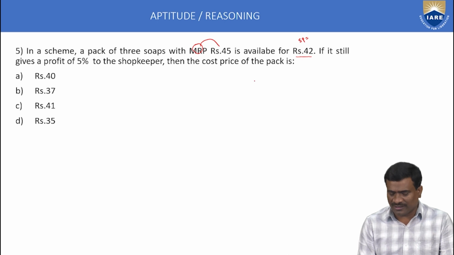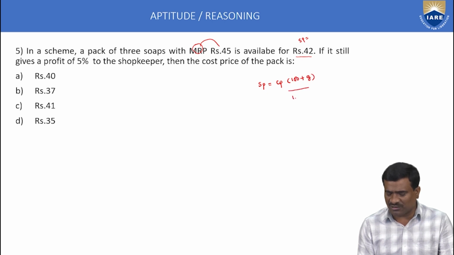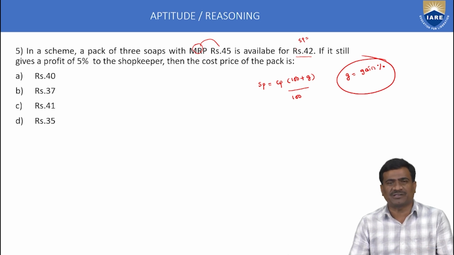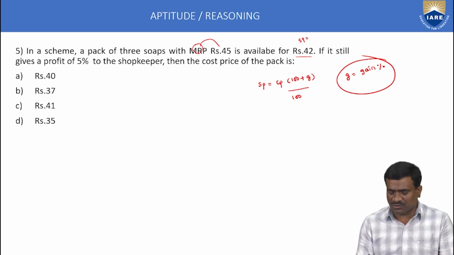We know the relation between selling price and cost price when profit is given: selling price is equal to cost price into (100 plus G) by 100, where G means gain percentage or profit percentage. Now substitute only selling price and gain. Selling price 42.